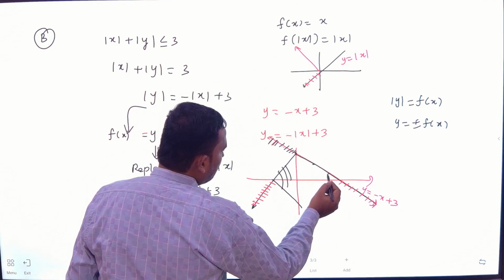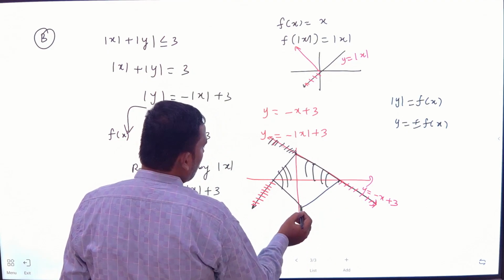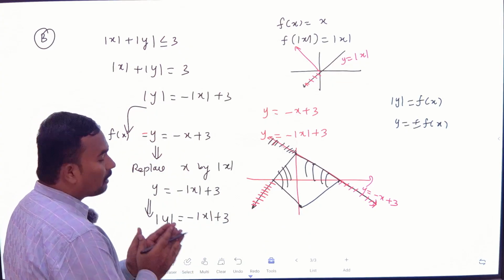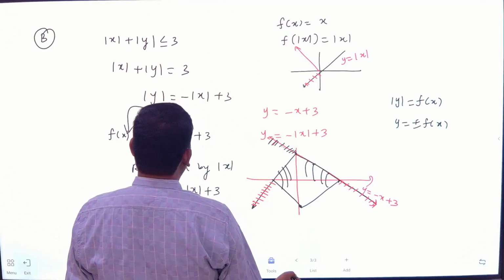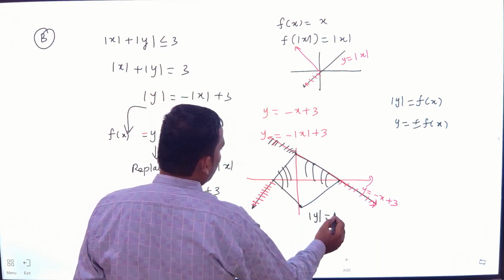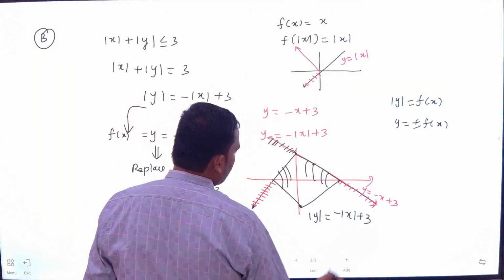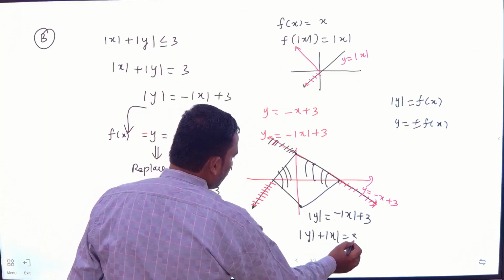The same way here you take the mirror image with respect to the x axis. This is your graph, right. This is the complete graph of mod y is equal to minus mod x plus 3. This is the same as mod y plus mod x is equal to 3.